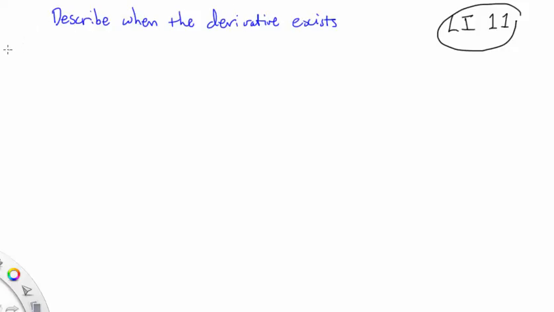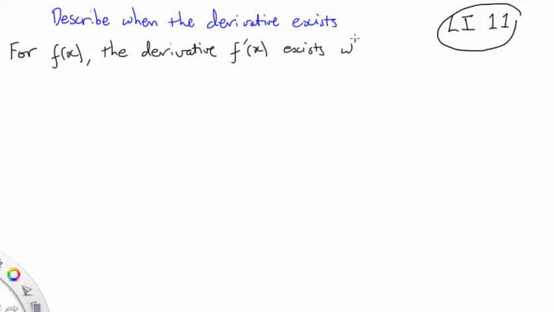So for f of x, the derivative f dash of x exists when f of x is, and these are two important words, smooth, and we have another important word, continuous.